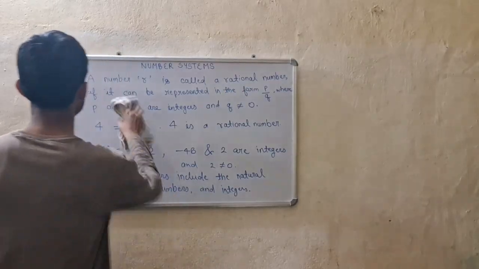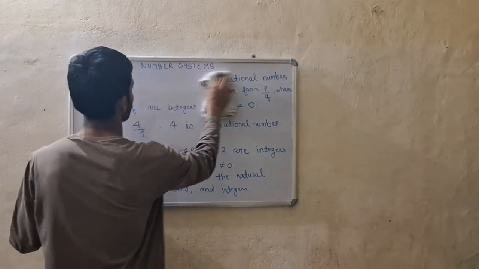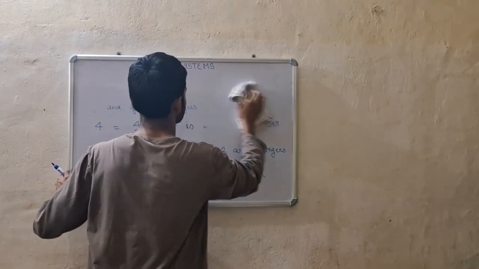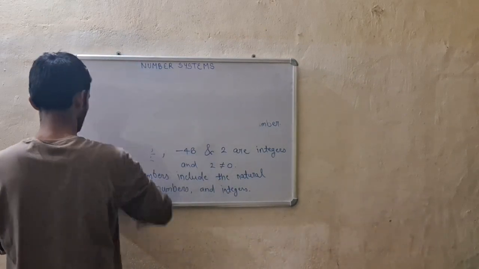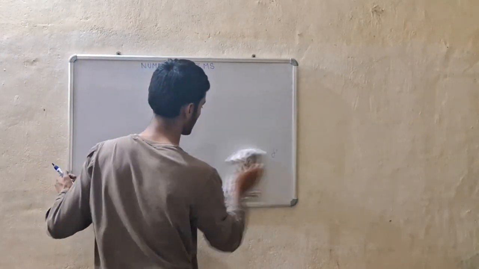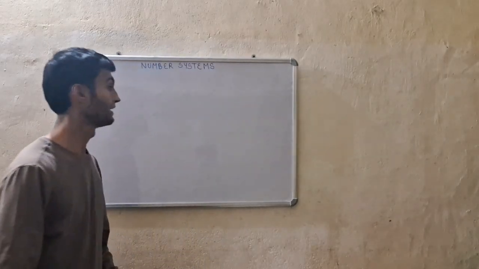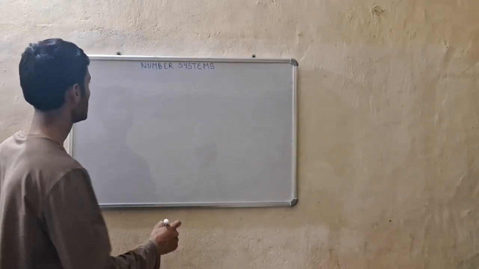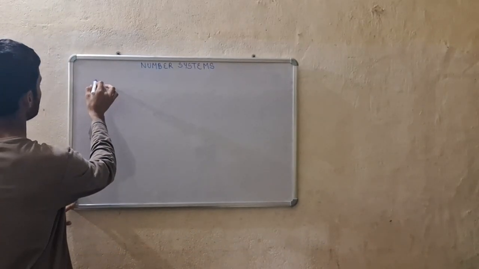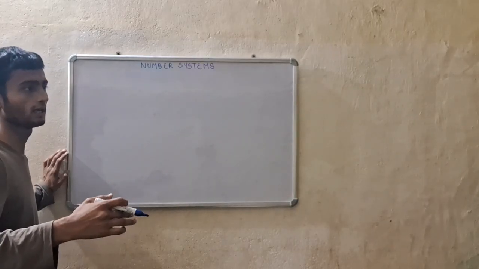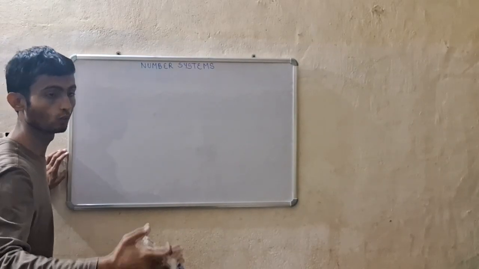Now let's move on to the next part. One thing about rational numbers is that a rational number can be represented in many different ways.